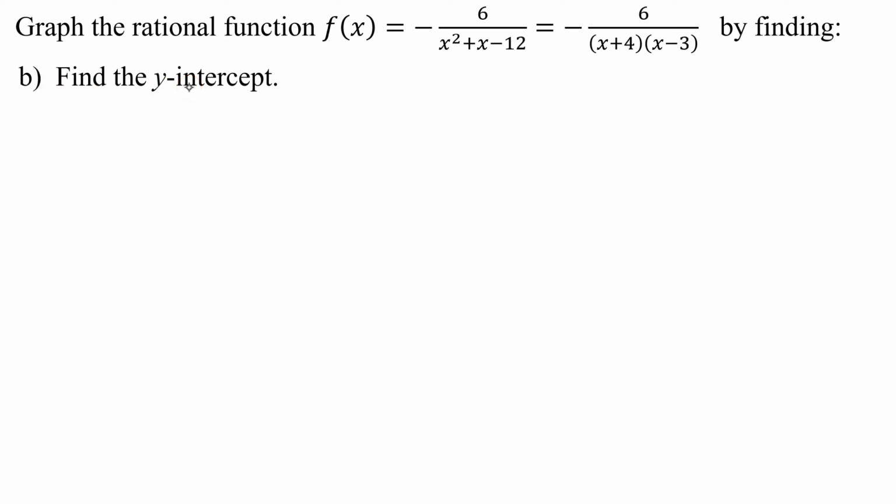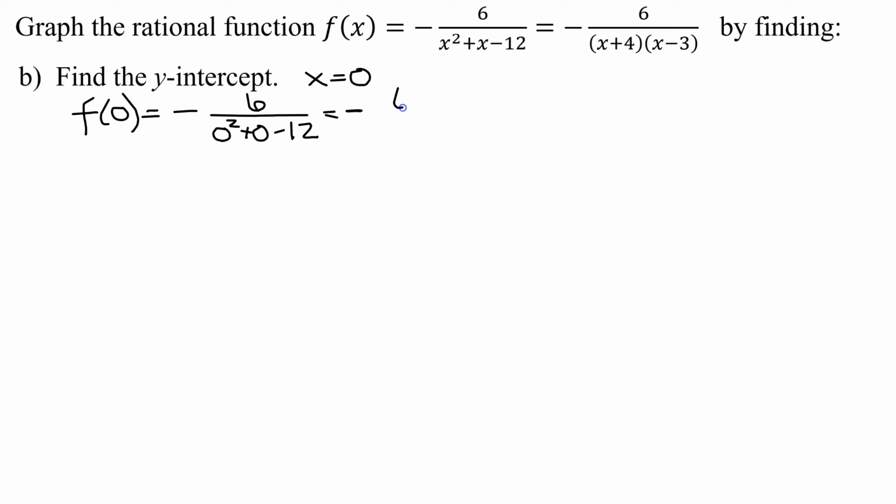And how do you find the y-intercept of any function? You set x equal to 0. So I'm going to have to find f of 0. So it's going to equal -6 over 0 squared plus 0, and then finally minus 12.